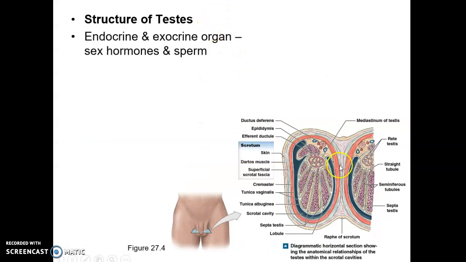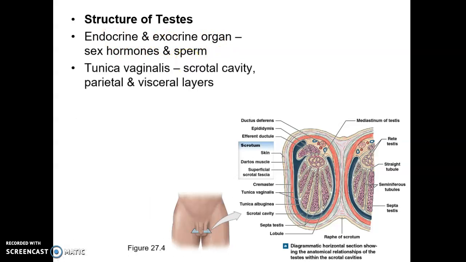So looking internally at the testes, we'll look at the structure internally, but they function in both endocrine and exocrine functions. They produce sex hormones, which is the endocrine function. In terms of exocrine function, the male gamete or sperm production. In terms of the coverings, there's a covering called the tunica vaginalis, which lines the scrotal cavity, and it has parietal and visceral layers.